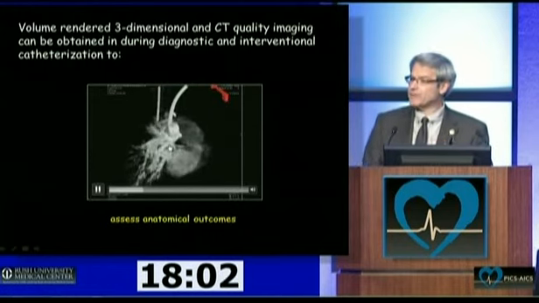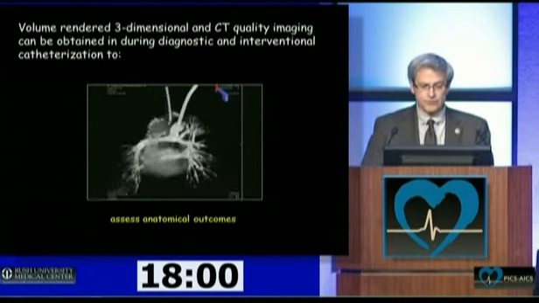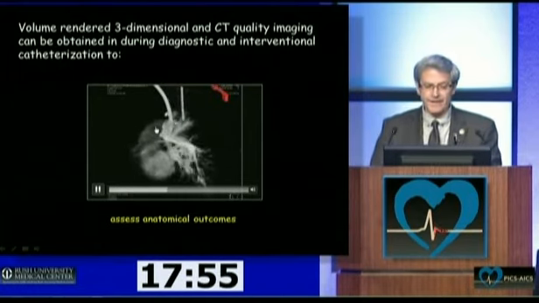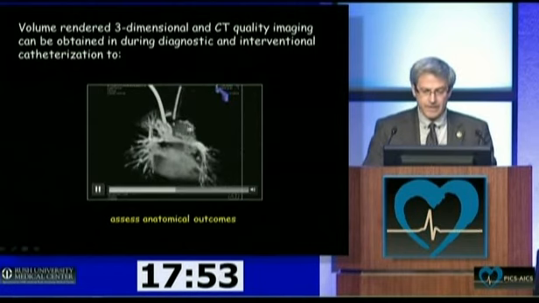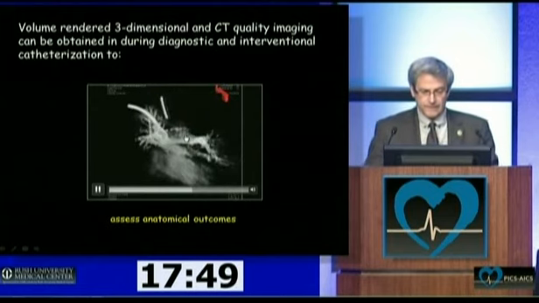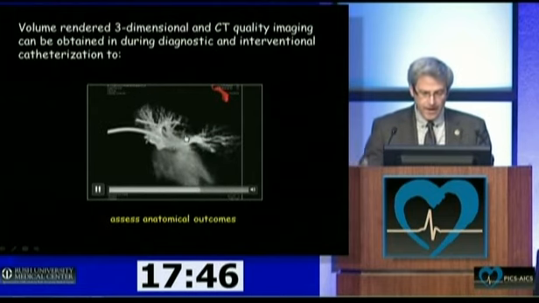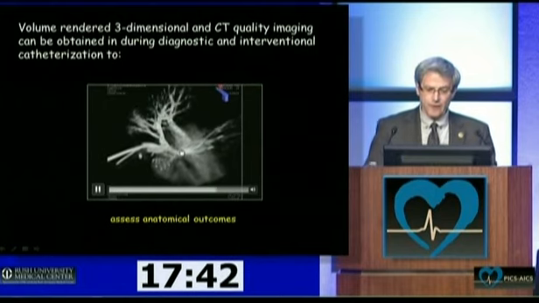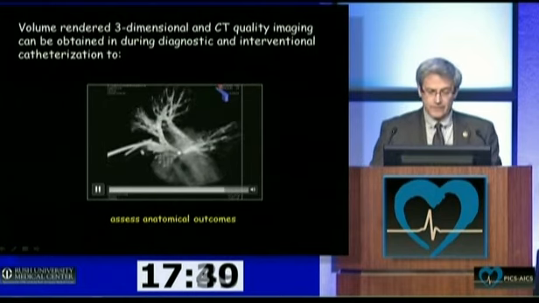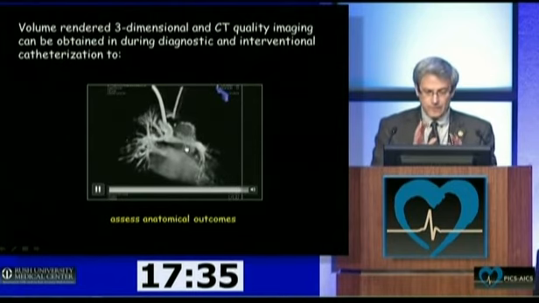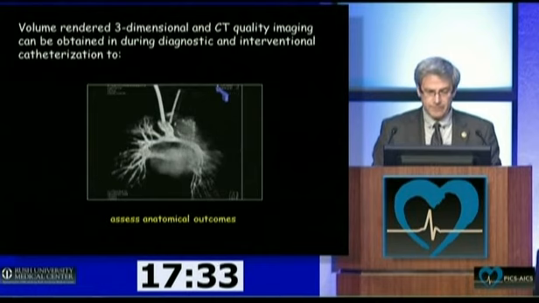This is a hybrid patient who's gone through stage 2, as you can see with the Glenn. In our institution, we retain the ductal stent. It's a modification of the procedure that Chris Calderon defined, and we look at the way the stent in the left pulmonary artery and the stents in the aorta interact, and I'll show you some images of how more information we can get from three-dimensional acquisition.